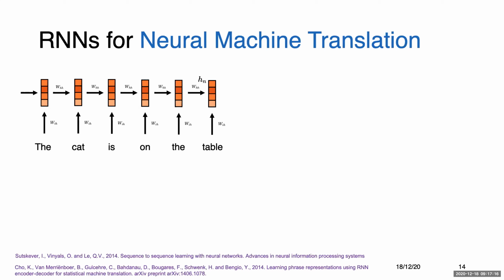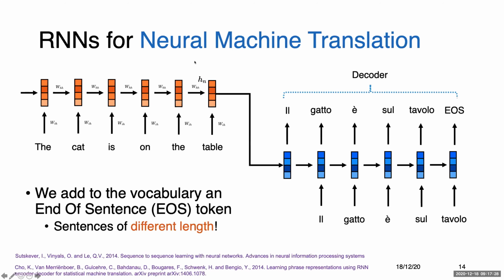Then, from this sentence, as an encoder, we can use the last hidden state that is produced by the network, in this case HN, and use it as the first hidden state of a second recurrent neural network, which is in charge of producing the translation.